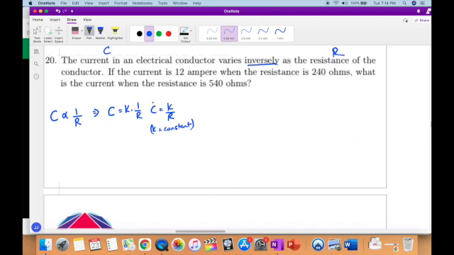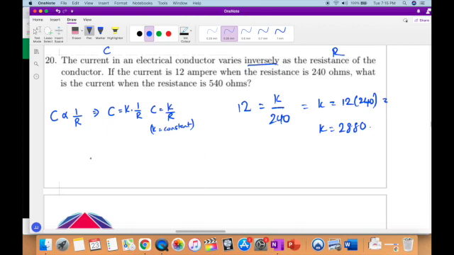So now we have a general formula. Now they will give you some information where you could find K. If the current is 12 when the resistance is 240 ohms, they've actually given me information where I could find K. So K is equal to 12 times 240, which is 2880.